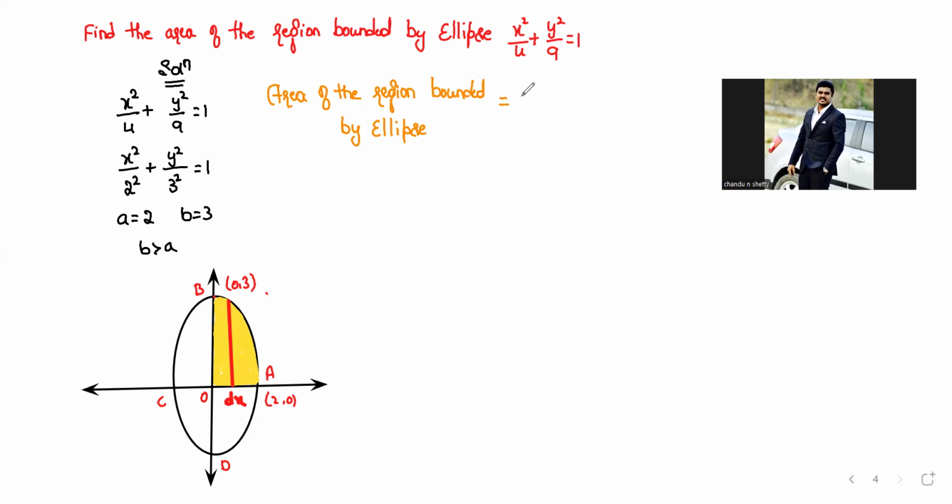So we are taking 4 into the area of AOBA, one quadrant, full one quadrant I am taking. Now observe, 4 into integral, the limit is 0 to 2, y into dx I'm taking. Y into dx.